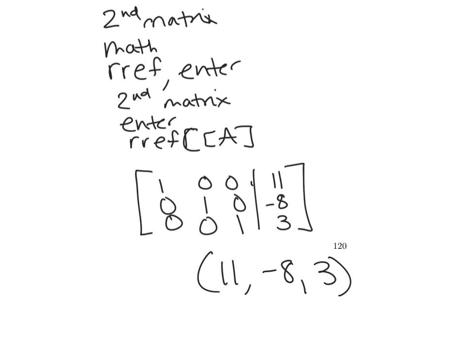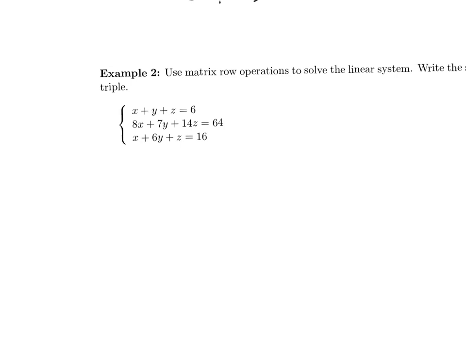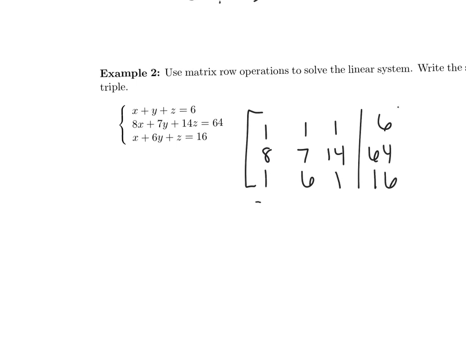Okay, go try it again. Let's try it on the other one. I'm not going to write out all those steps this time because hopefully you've got it mastered. So write the matrix out: 1, 1, 1, 6; 8, 7, 14, and 64; 1, 6, 1, and 16.